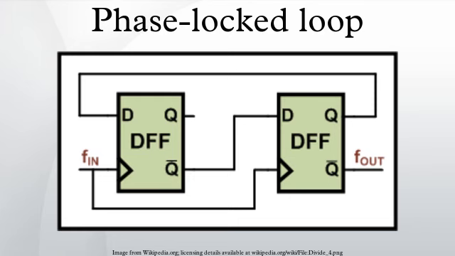Spread spectrum: all electronic systems emit some unwanted radio frequency energy. Various regulatory agencies put limits on the emitted energy and any interference caused by it. The emitted noise generally appears at sharp spectral peaks. A system designer can use a spread spectrum PLL to reduce interference with high Q receivers by spreading the energy over a larger portion of the spectrum.